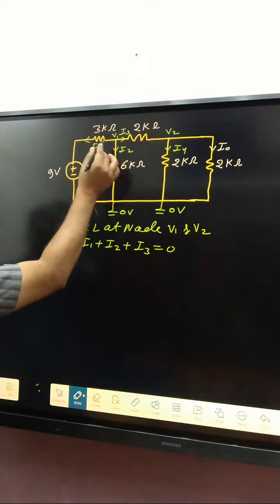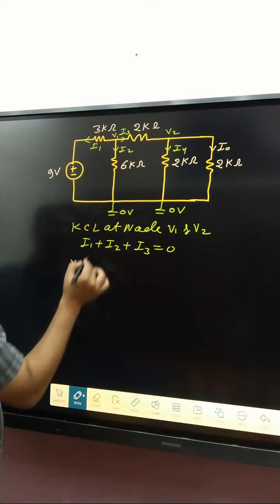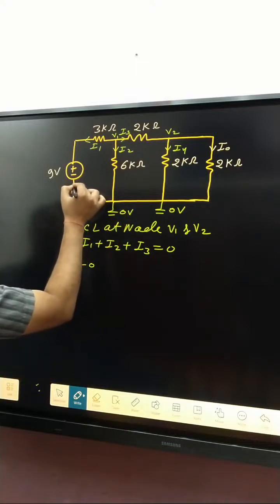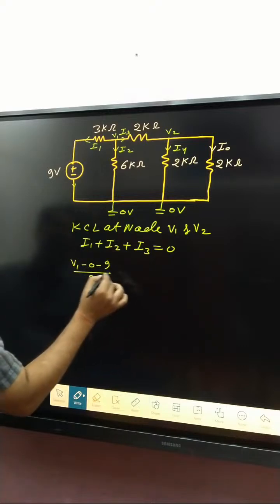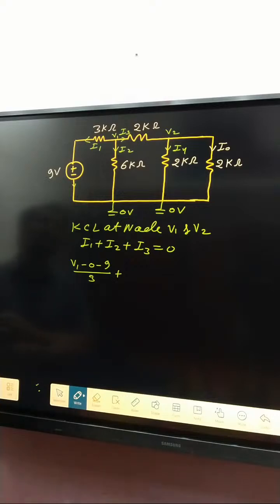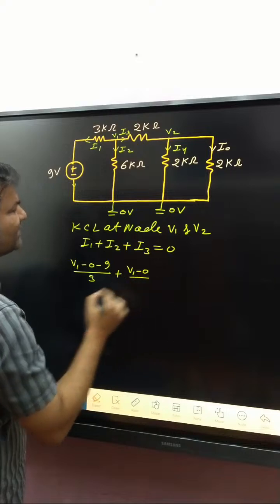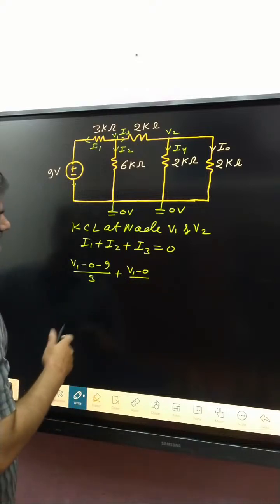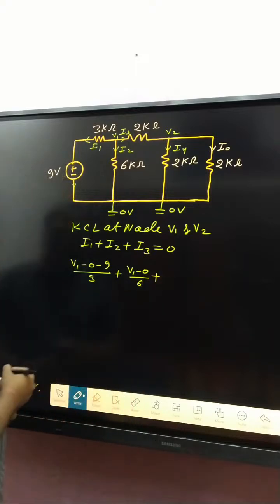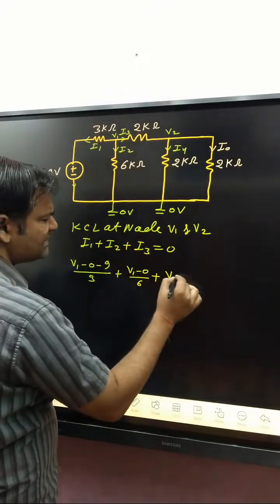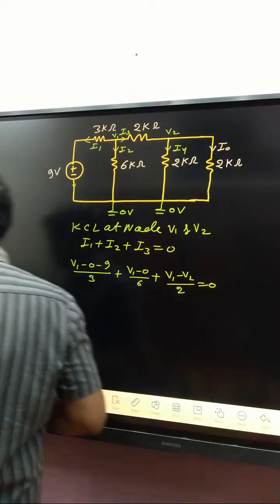I1 is written as V1 minus 9 divided by 3 kilo ohm, since current leaves from the negative terminal. Plus I2, which is V1 minus 0 divided by 6. Plus V1 minus V2 divided by 2 kilo ohm is equal to 0.